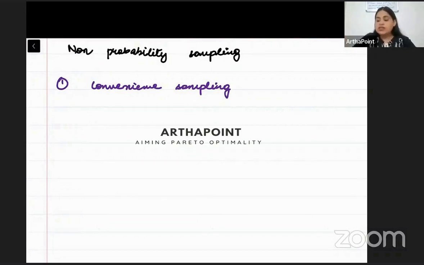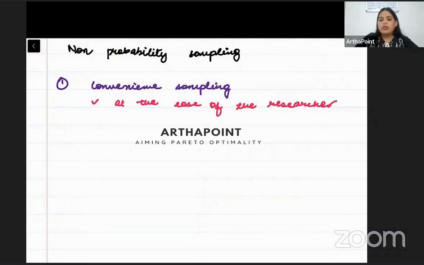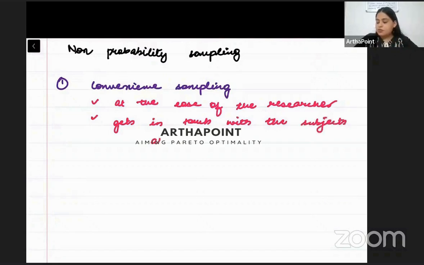Why is it called convenience? Because the researcher is considering his or her ease while getting in touch with the subjects, right? So we can go ahead and say that this is at the ease of the researcher, right? And he gets in touch with the subjects at his convenience.